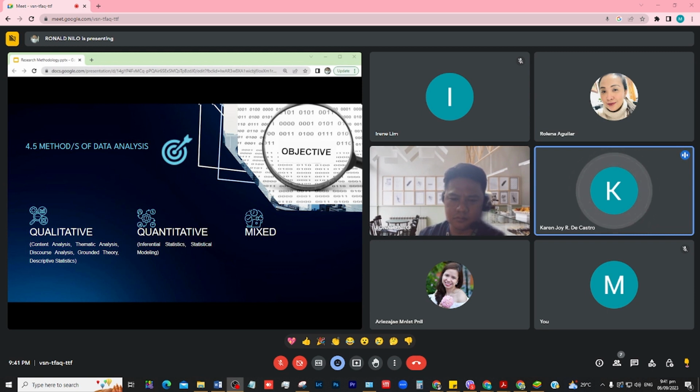For qualitative methods, one can use techniques such as content analysis, thematic analysis, discourse analysis, grounded theory, and even descriptive statistics. As for quantitative methods, there is inferential statistics as well as statistical modeling. Or there's the mixed method, where you can use both qualitative and quantitative techniques in your study.